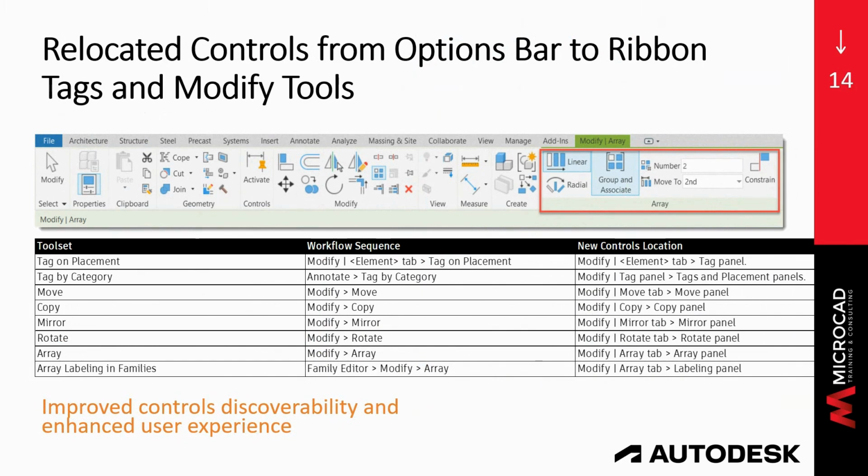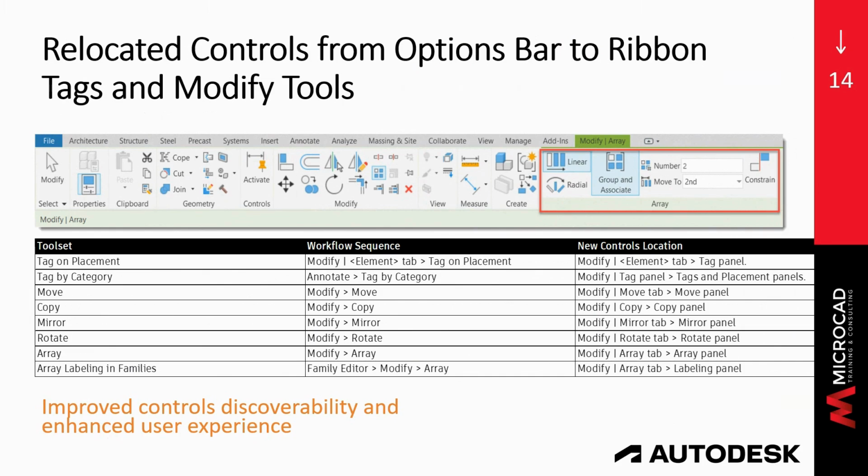So just be aware of that. I have this huge list of all the tool sets and what got moved. So if you don't find your tools in the custom location, look for them in the ribbon. Don't get frantic. They are there.